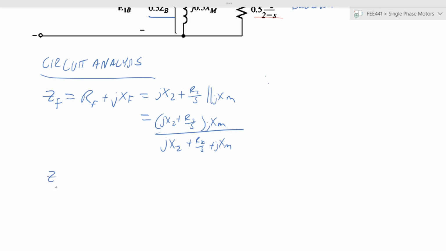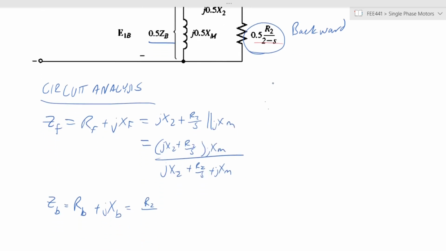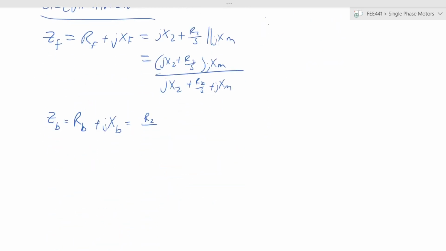Likewise, for the backward component, you have RB, a backward equivalent, plus jXB, a backward reactance, which is given by product over sum once again, with R2 over 2 minus S in this case, over the sum of all of those.